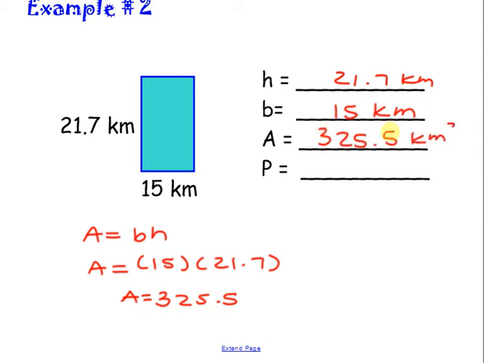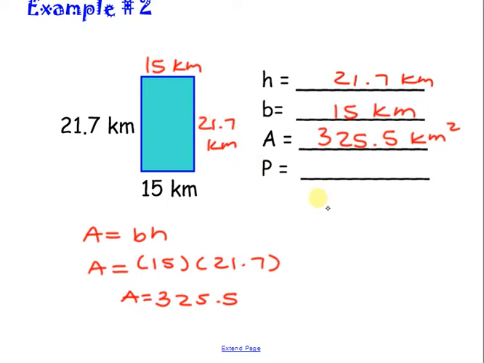So my final answer is 325.5 kilometers squared. Now, for my perimeter, it's not a square, so all the sides are not the same. If this is 15 kilometers, then this is also 15 kilometers. If this is 21.7 kilometers, this is 21.7 kilometers.